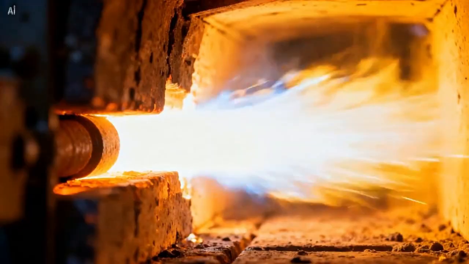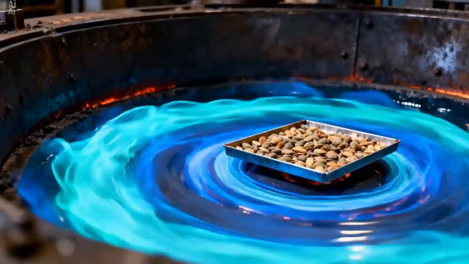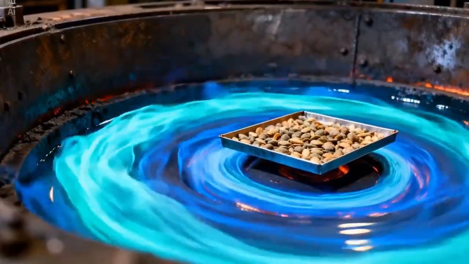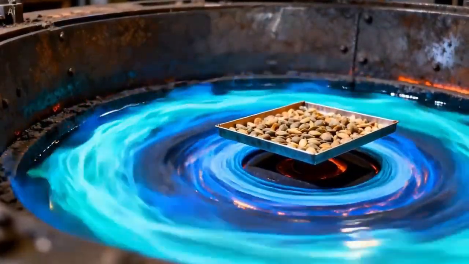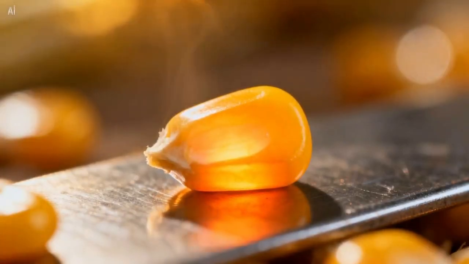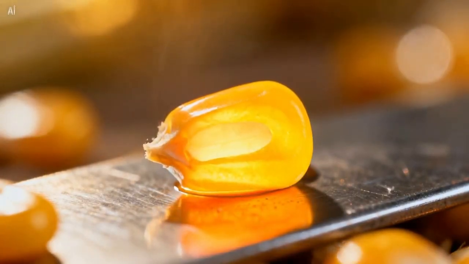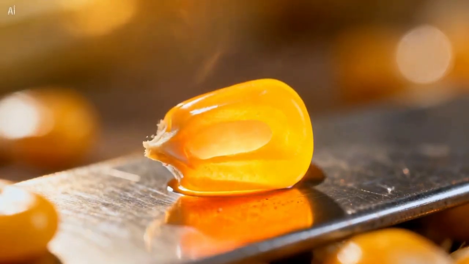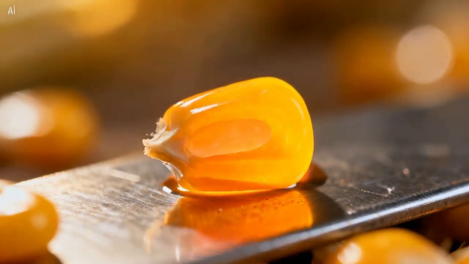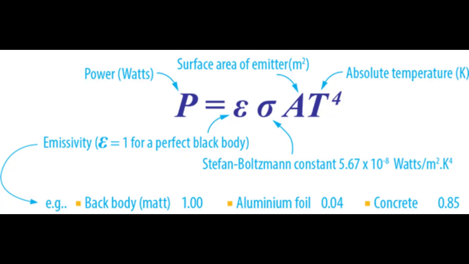Convection helps to even out the temperature of the internal atmosphere, allowing hot gases to surround the product. Finally, conduction carries heat toward the center of the load, but it also causes heat loss through the insulation into the surrounding environment.